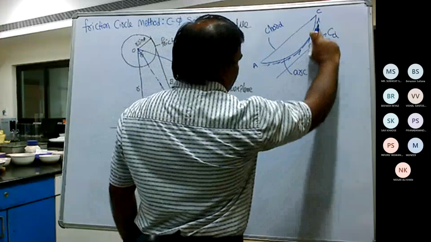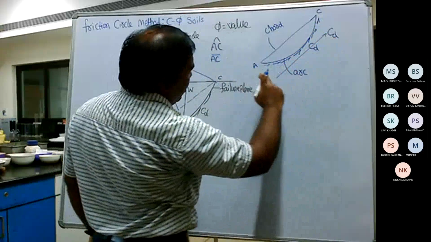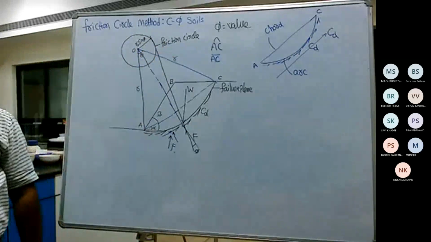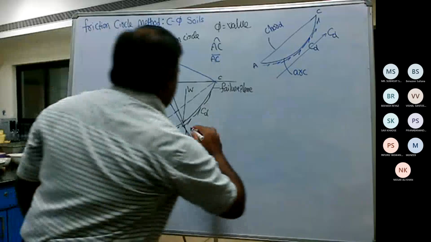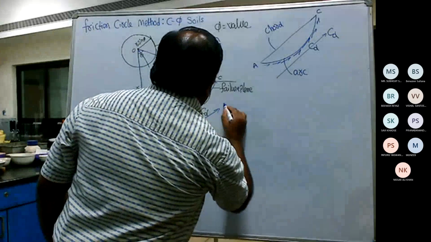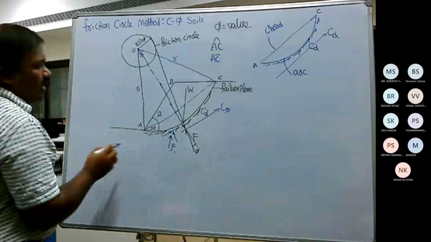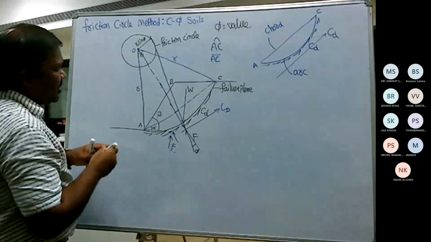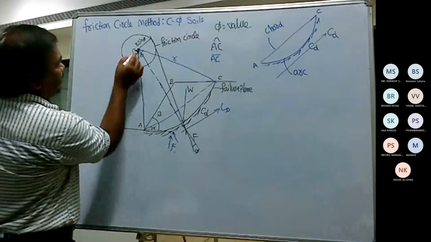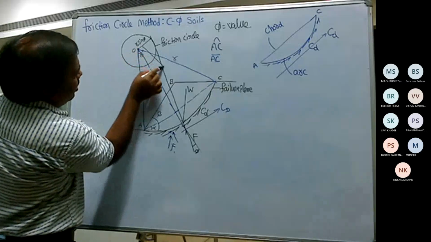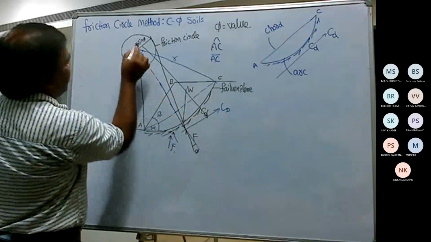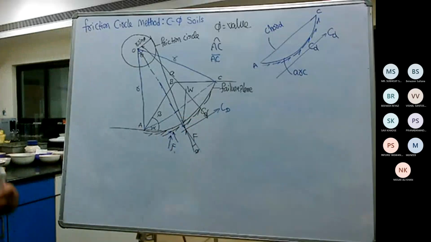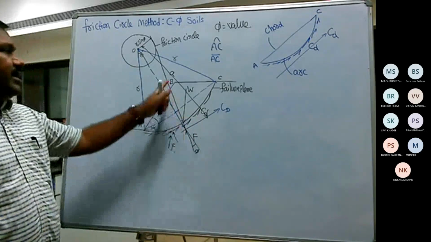It is said that the resultant of all unit cohesion all along the arc is parallel to the chord length AC, and suppose this is the resultant of the chord, capital CD, and the lever arm distance from the center of the circle to the line of action of the resultant CD is approximately A.